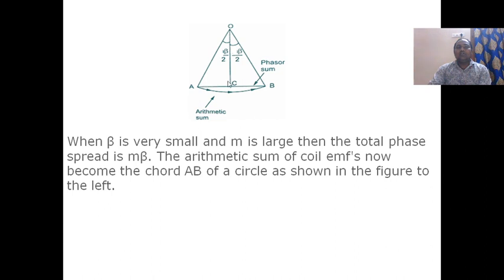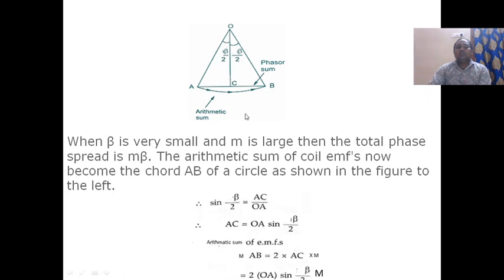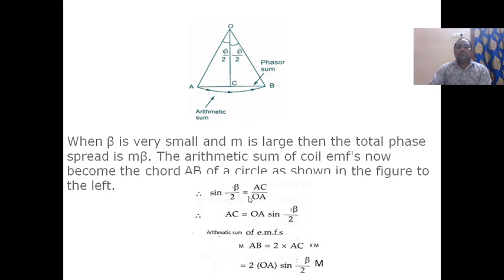Observe this figure. We need the phasor sum and also the arithmetic sum. The angle difference is beta by 2, so sin beta by 2 from the diagram is AC by OA. AC is equal to OA sin beta by 2. The arithmetic sum is M into AB, that is 2 into AC into M, so totally we get 2 into OA into sin beta by 2.